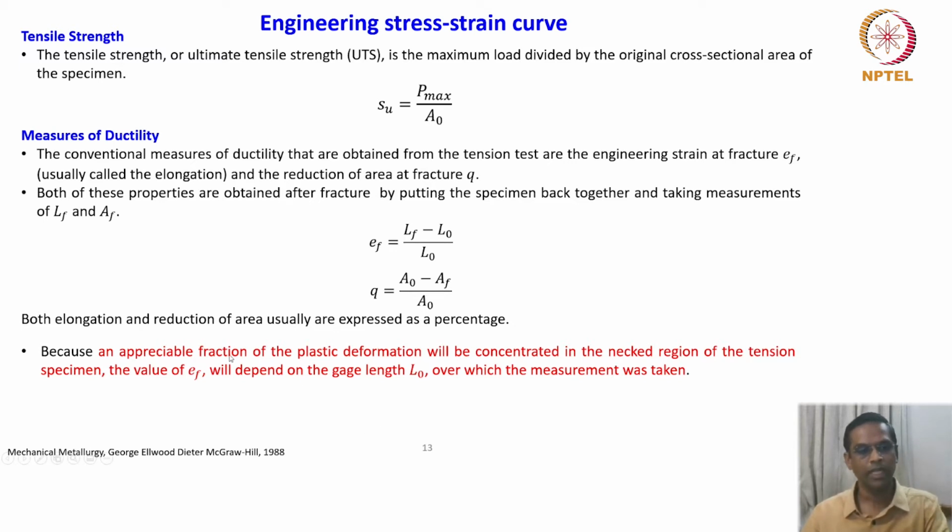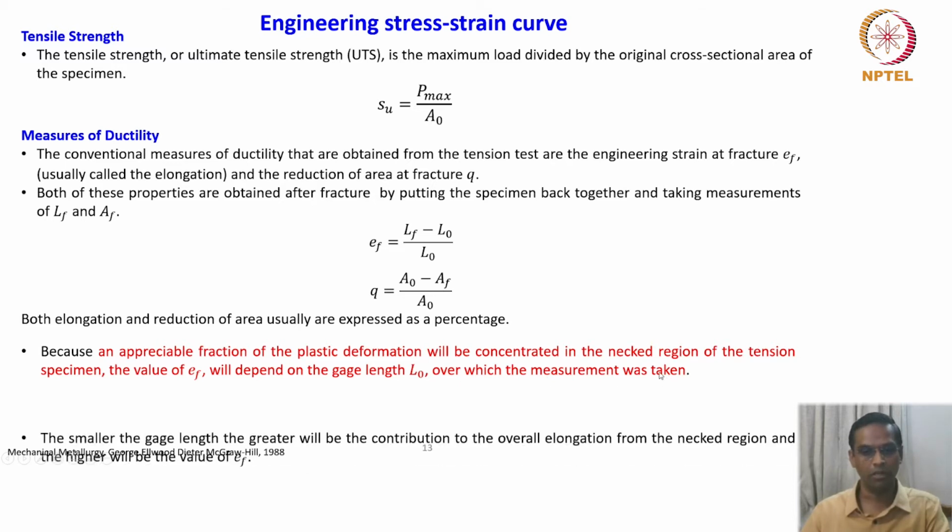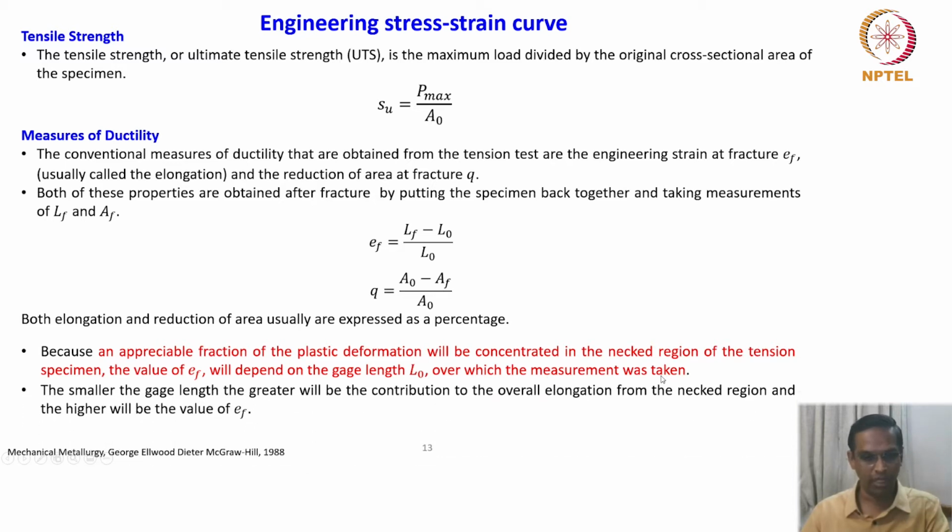The issue is that since the plastic deformation is concentrated in the neck region, the elongation will depend upon the gauge length L naught over which it is being measured. The smaller the gauge length, the greater the contribution to the overall elongation from the neck region, and the higher the value of elongation. So there is a bias here, depending upon what gauge length you are choosing.